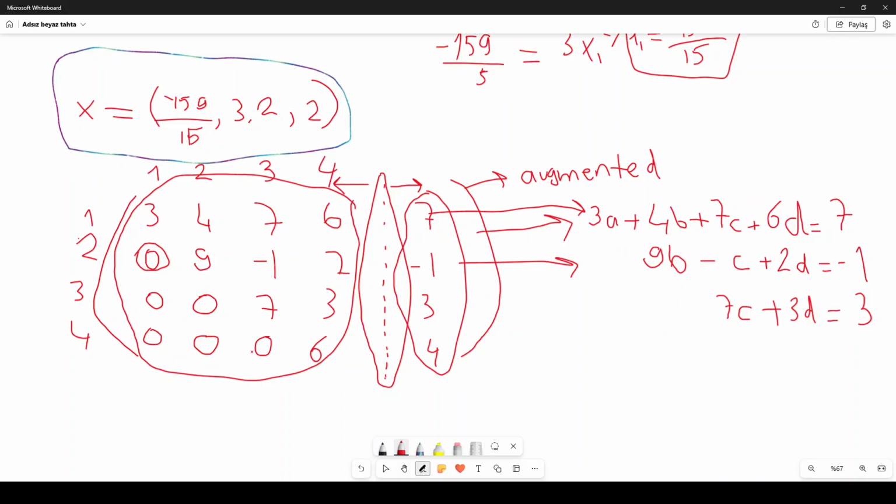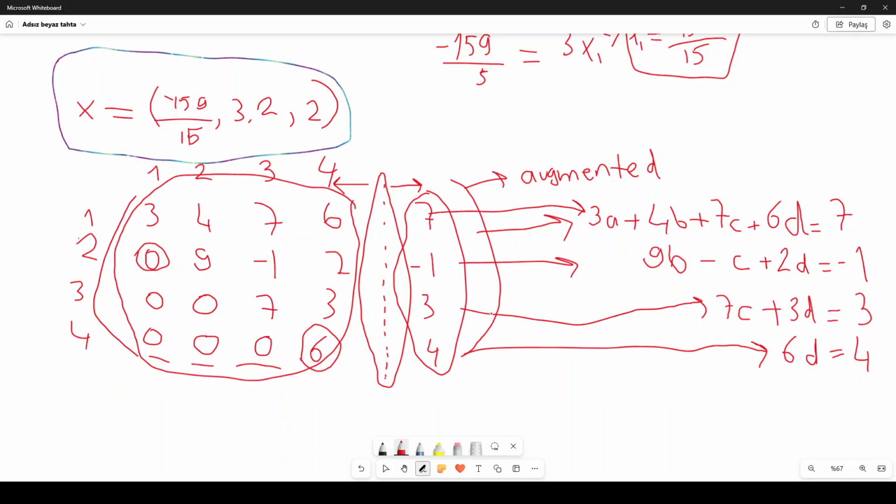And for the last equation, the coefficients of all 3 unknown variables, 0a, 0b and 0c, are equal to 0, but the coefficient of d is different than 0, so we got 6d equal to 4. So this is the third equation, and this is the fourth and last equation.